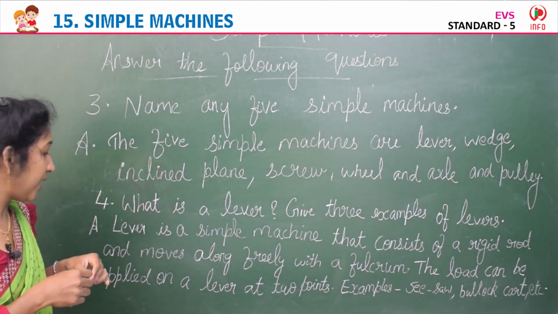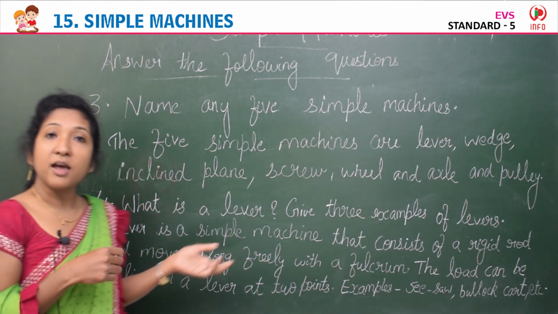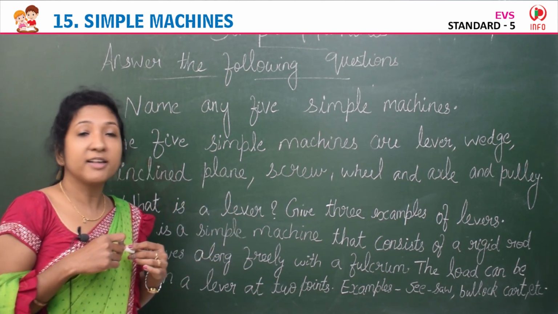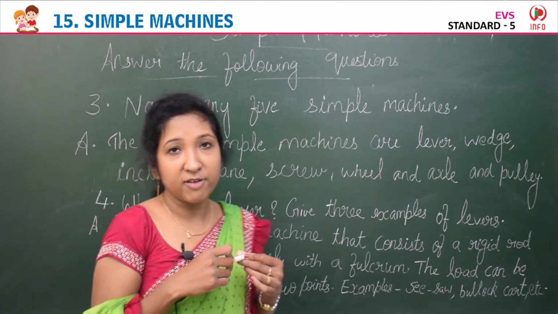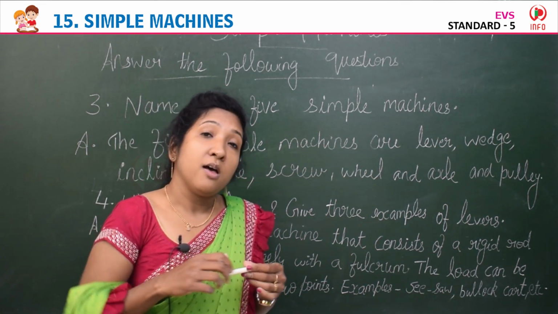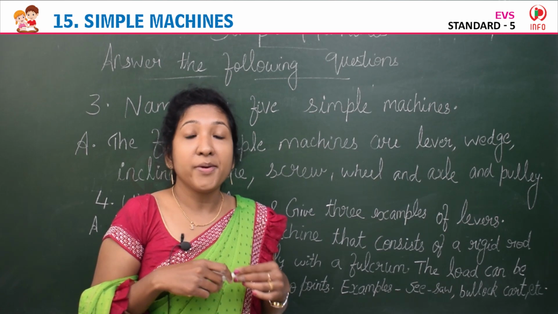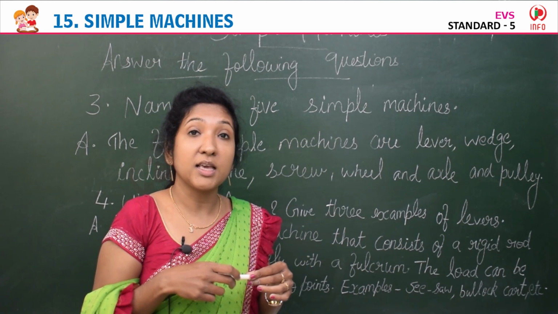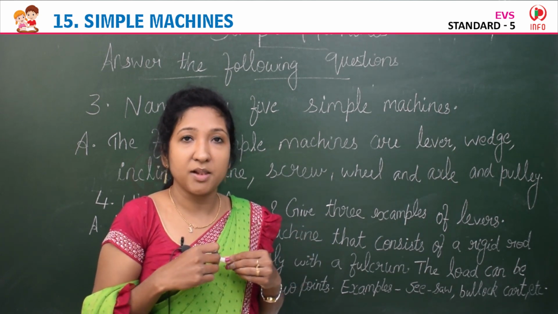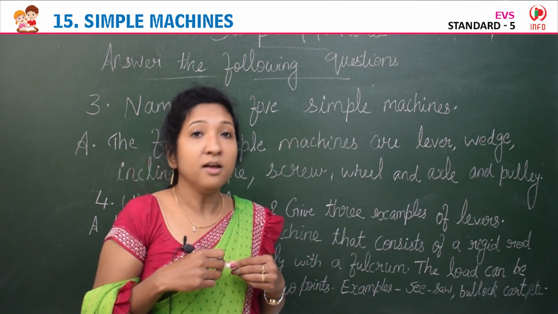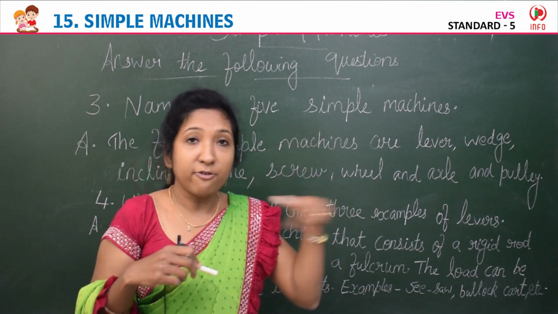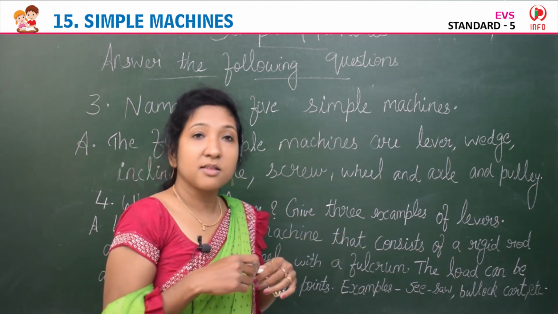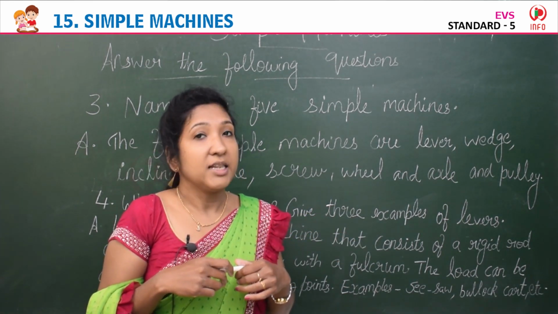The load can be applied on a lever at 2 points. Examples you know. Already we learned seesaw is an example of a lever. Then I told trying to open the lid of a tin using a spoon. It is also an example, isn't it? Then bullock cart, etc. are examples of levers.